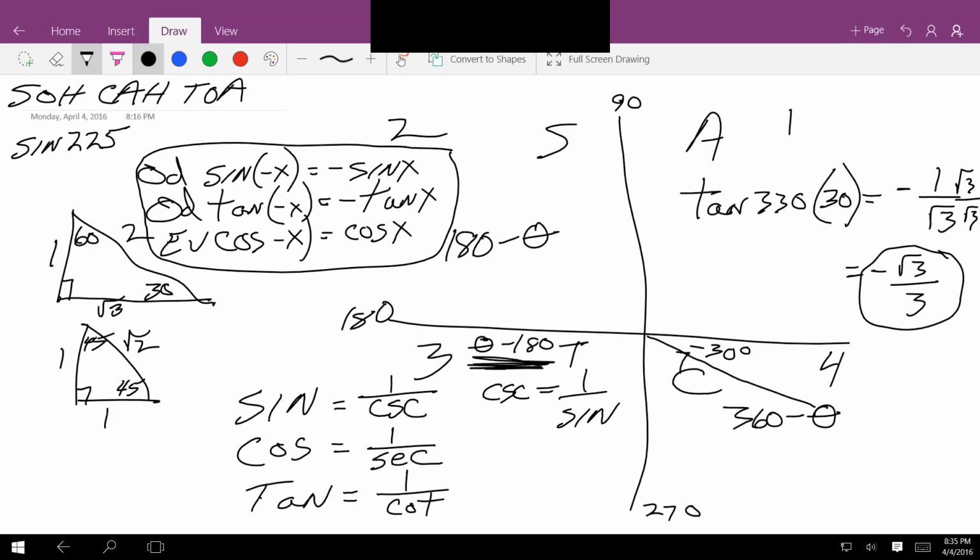So if we're between 180 and 270, we're in the third. And then use theta minus 180. What do you get? You get 45. Okay, so I put it in parentheses because the sine of 225 is going to have the same absolute value as the sine of 45. And what's the sine of 45?